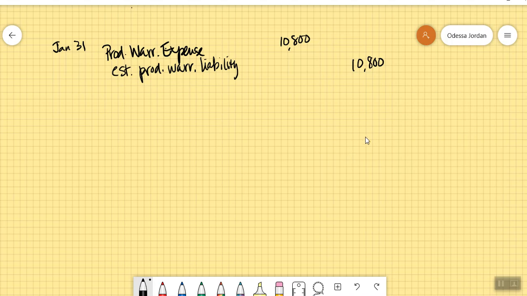And this is based on the TVs sold, times the percent of expected repairs, times the cost of parts.